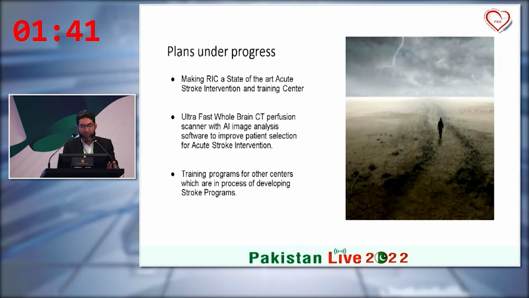Our plans under progress: making RIC a state-of-the-art acute stroke intervention and training center. We are getting an ultra-fast whole brain CT perfusion scanner with artificial intelligence image analysis software to improve our patient selection for the intervention, and training programs for other centers which are in the process of developing stroke programs.